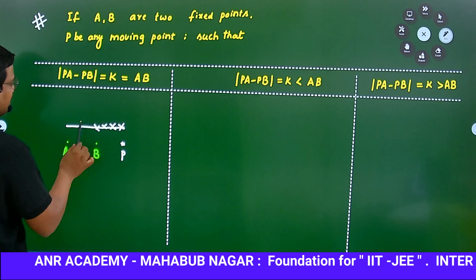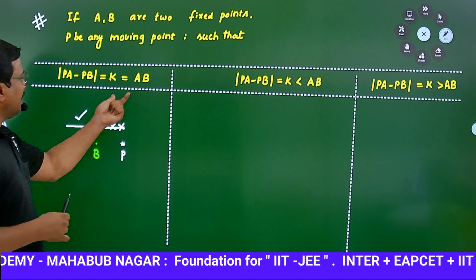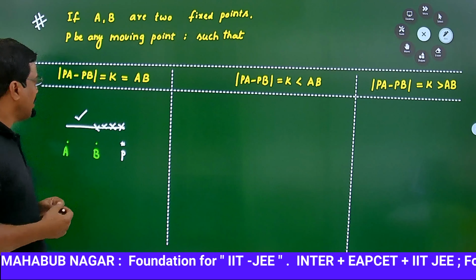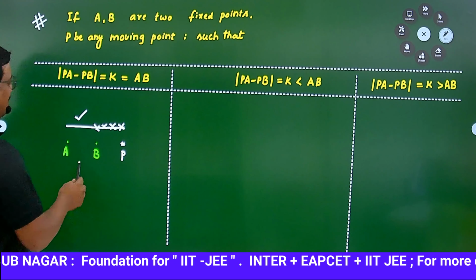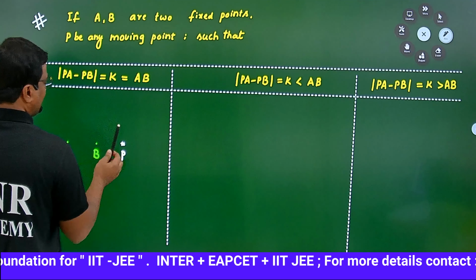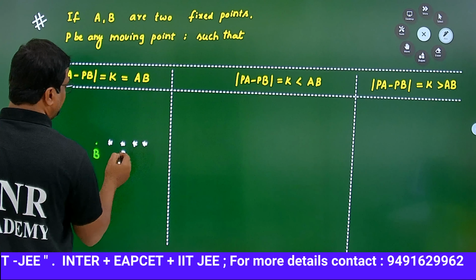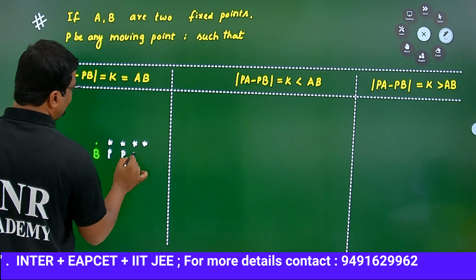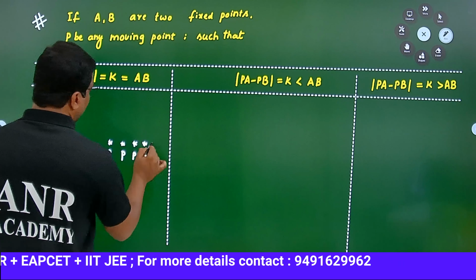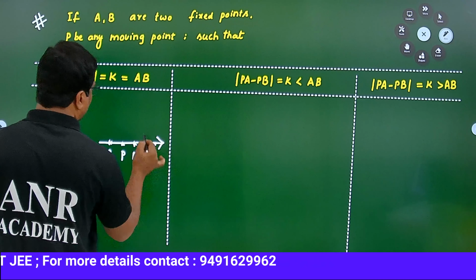After removing, this is the portion you got, that is clearly equal to AB. So the points which are collinear and right side of B, they satisfy the above condition. These are moving points. In this direction there exist so many points satisfying the above condition.